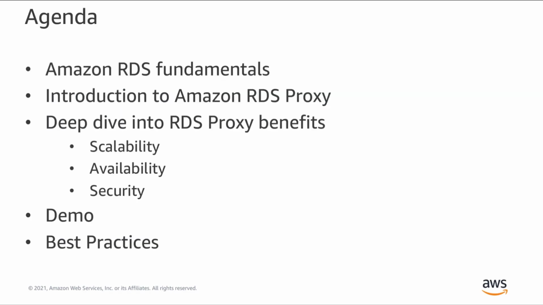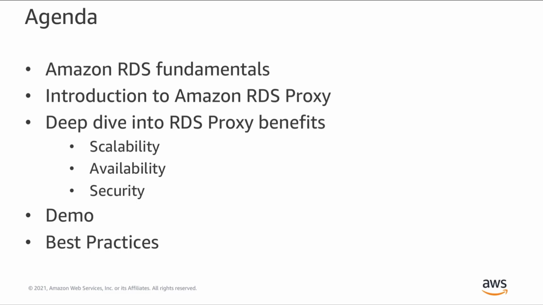Here's an agenda for today's session. First, we'll start by briefly discussing the fundamentals of the Amazon RDS service. Then, we'll discuss the motivations that went into building RDS Proxy. Next, we'll discuss the three key benefits of RDS Proxy and how it helps your application scale better, makes it highly available, and more secure.